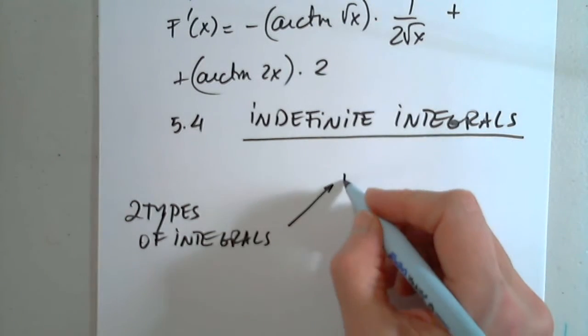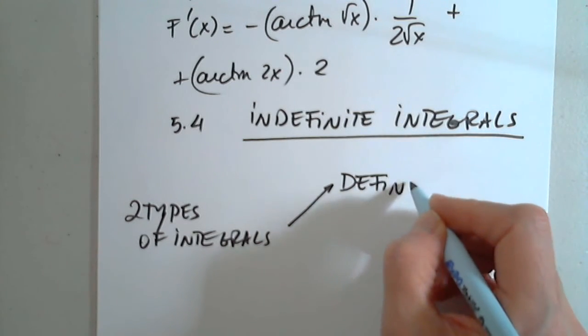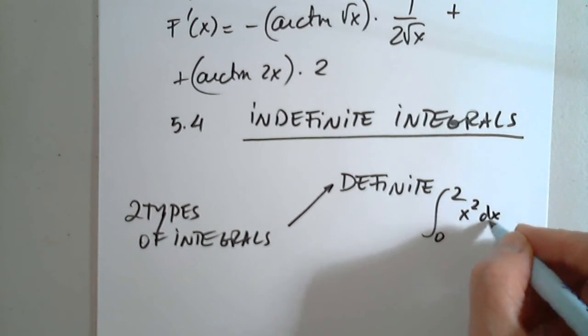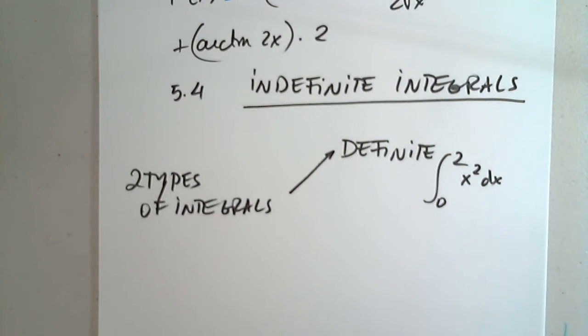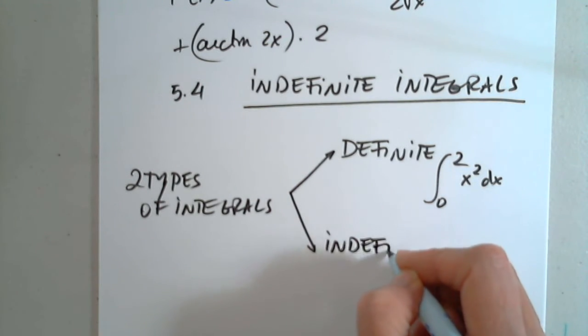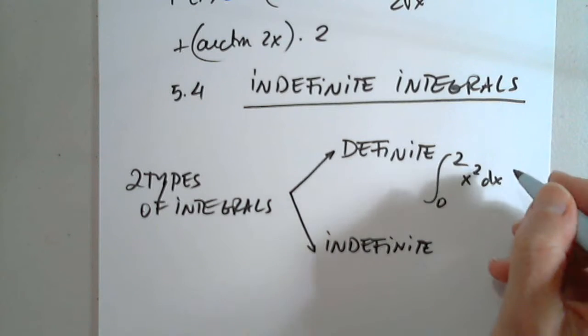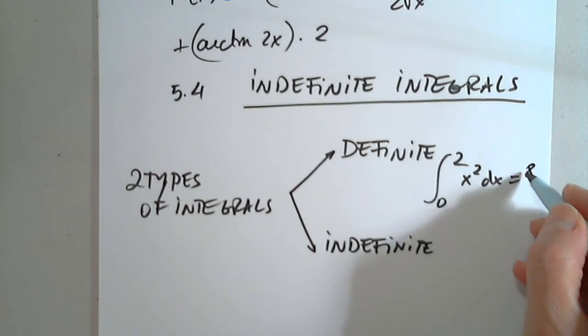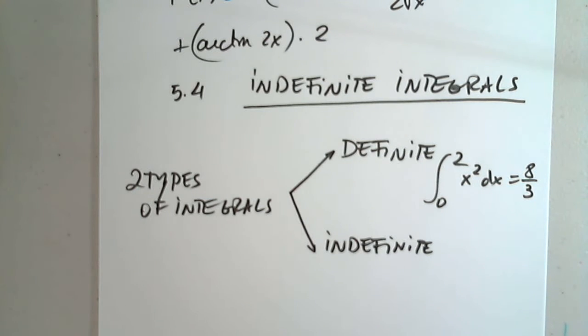That's the definite, which is the integral from, as an example, 0 to 2 of x squared dx. That's an example. What will be the indefinite? And always remember, we got this as x cubed over 3, so this was 8/3. We did that last time.